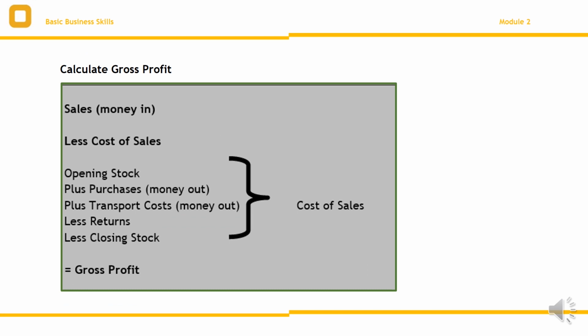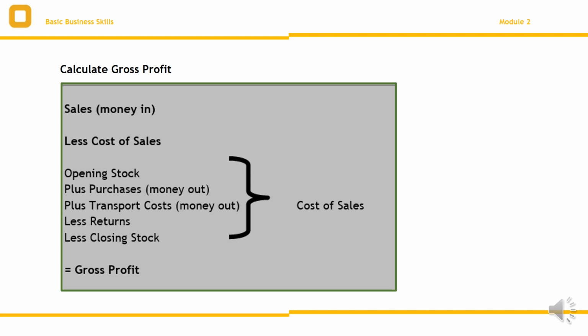Let's revisit the concept of gross profit and how we calculate gross profit. Remember, we said gross profit is equal to sales minus your cost of sales. So when you're calculating gross profit, you need to find out what were your total sales for a specific month, and then you would minus what we call your cost of sales. To calculate your cost of sales, you would find out what was your opening stock. What's the value of your opening stock?